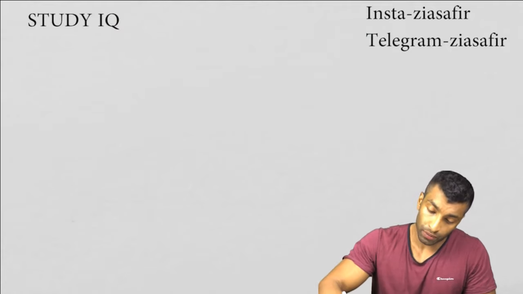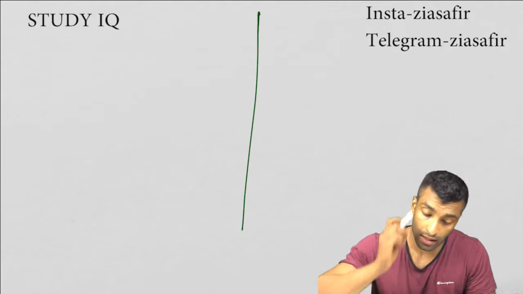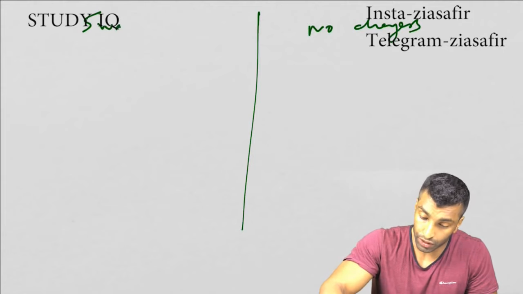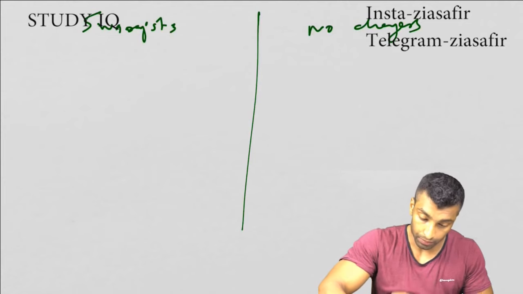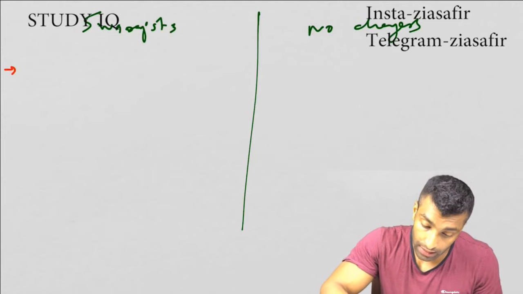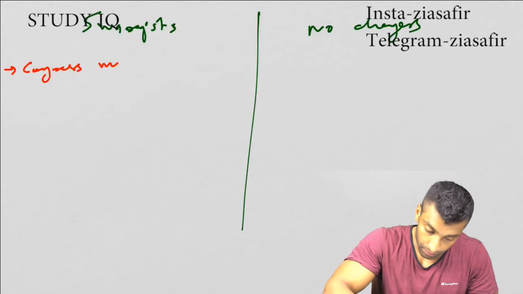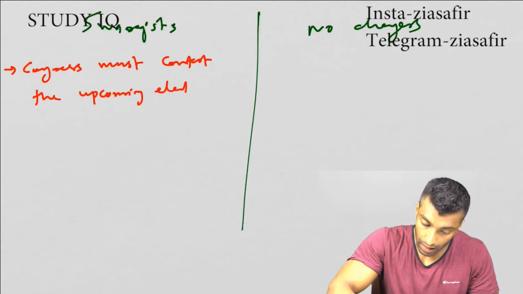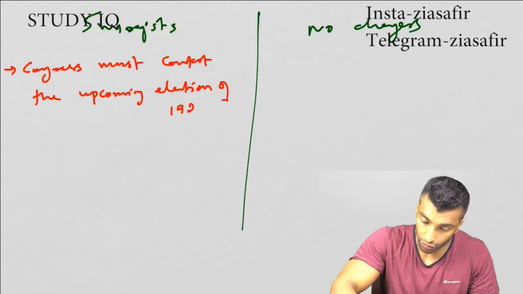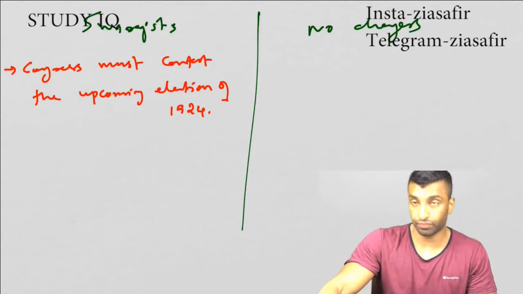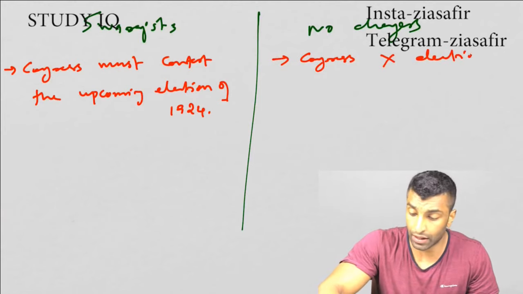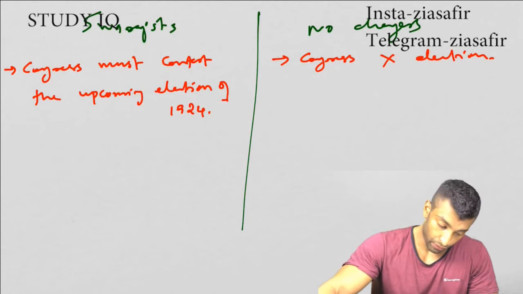So if you see the difference, I'll write it down: Swarajists are of the opinion that Congress must contest the upcoming election of 1924, whereas No Changers say Congress should not contest the election in 1924.